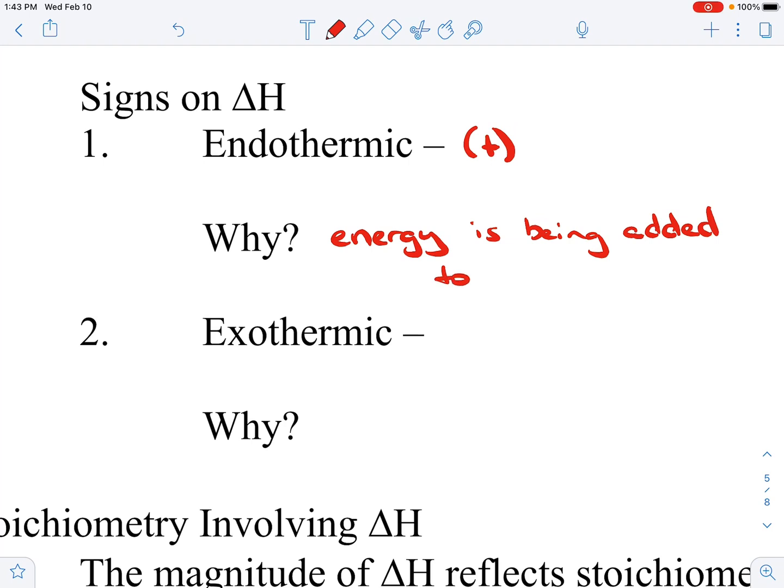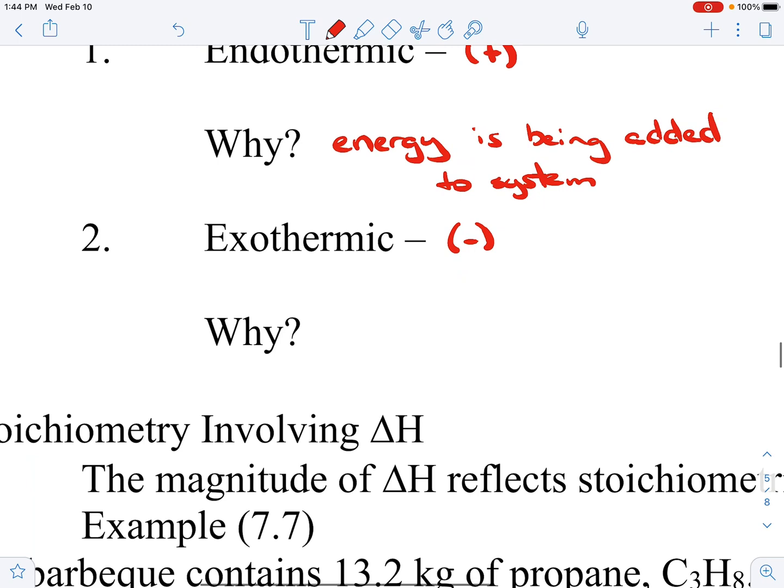Maybe that'll help us understand it. We're adding it to the system. Our products are at a higher energy than our reactants. So when it is exothermic, we have a negative sign, and that's because energy is being lost by the system. And maybe we should say released, not lost, because people maybe visualize that as like, woo, out there. Alright?